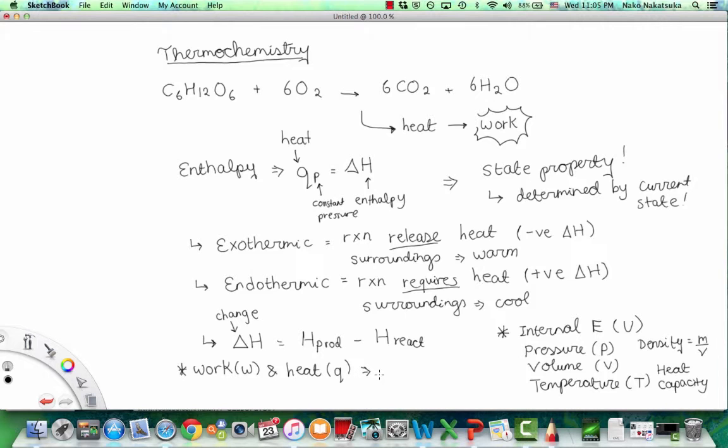These are called path functions or path properties. Here I talk about the difference between state functions or state properties and path functions or path properties. It's determined by whether or not it depends on the path taken to get a certain value.